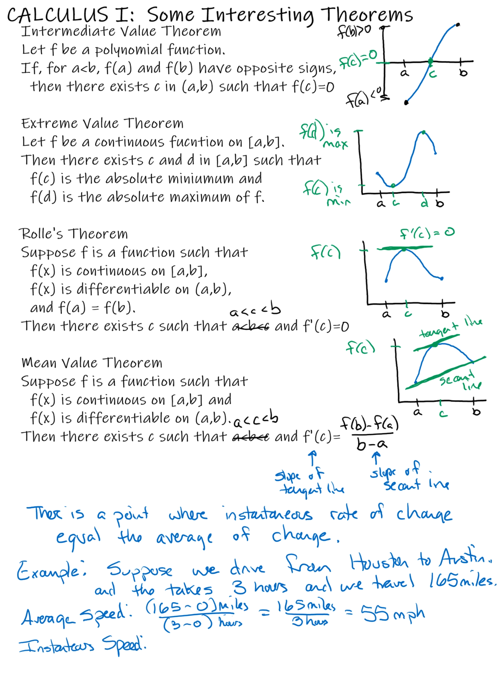However, I do know that at some point the speed is 55 miles per hour, as stated on the sign as you drive through. So that means the instantaneous speed is equal to the average speed.